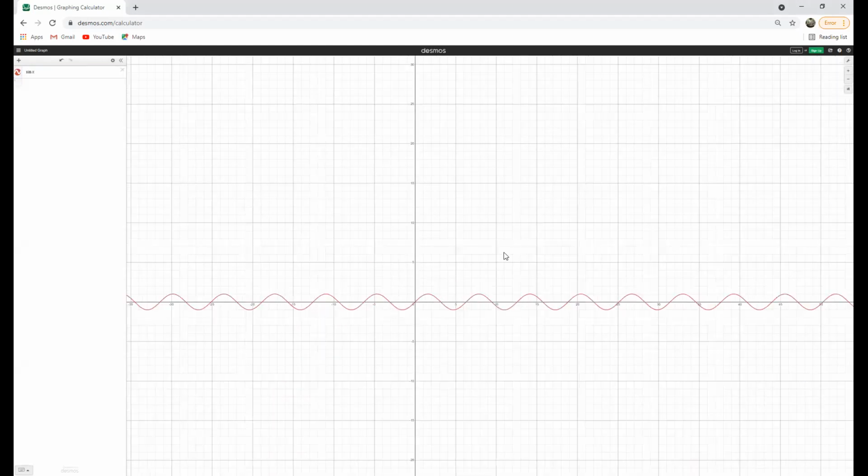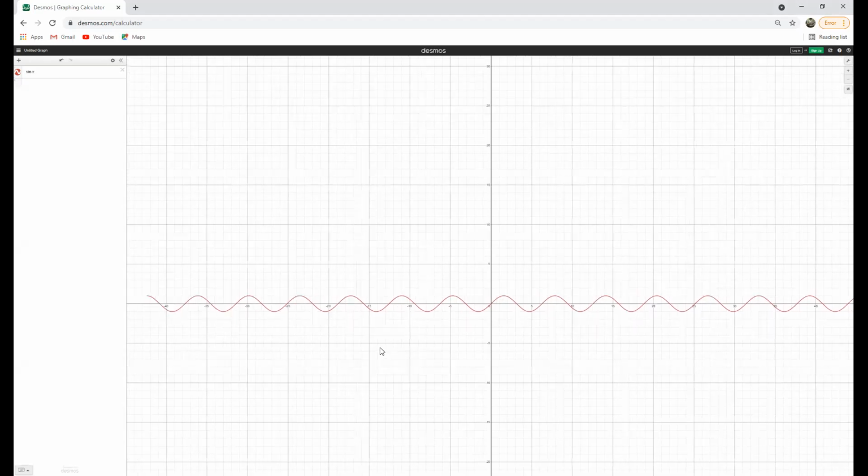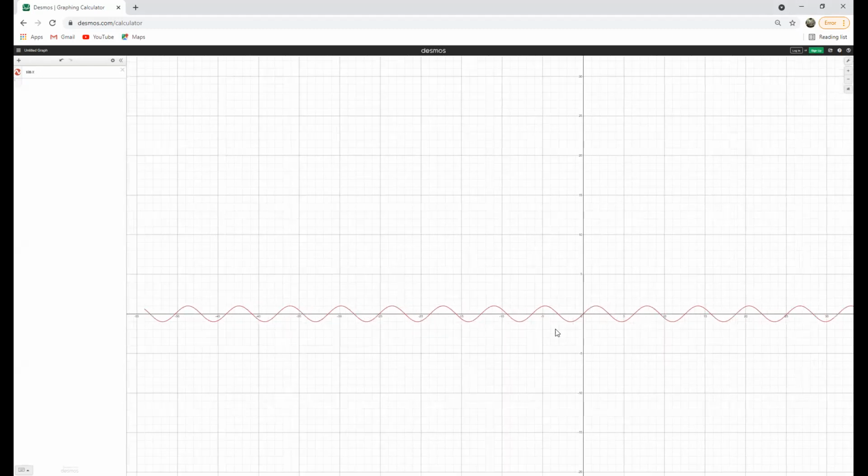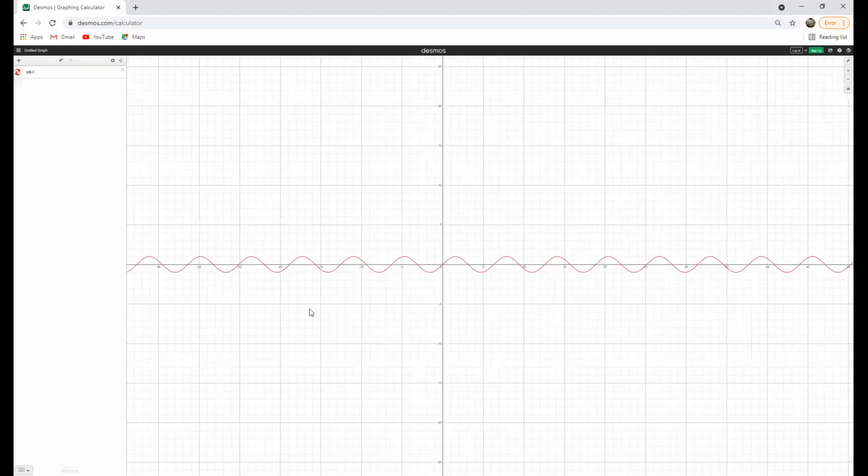Let us just graph in Desmos. Sine of x. Well, okay. This is the graph of sine of x. This is the actual graph on its domain. The domain is negative infinity to positive infinity. It keeps going. So how many x-intercepts do we have?